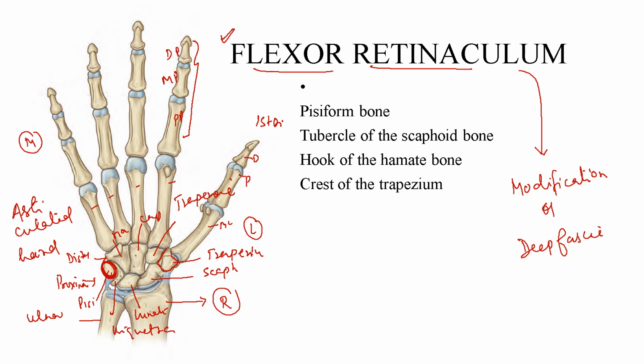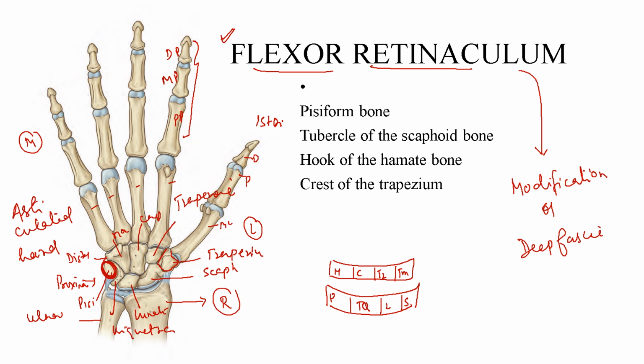Now coming on to the parts of these bones. You have seen the first proximal row and the next row of the carpal bones. From lateral to medial, you have scaphoid, lunate, triquetral, and pisiform. In the distal row, you have trapezium, trapezoid, capitate, and hamate.